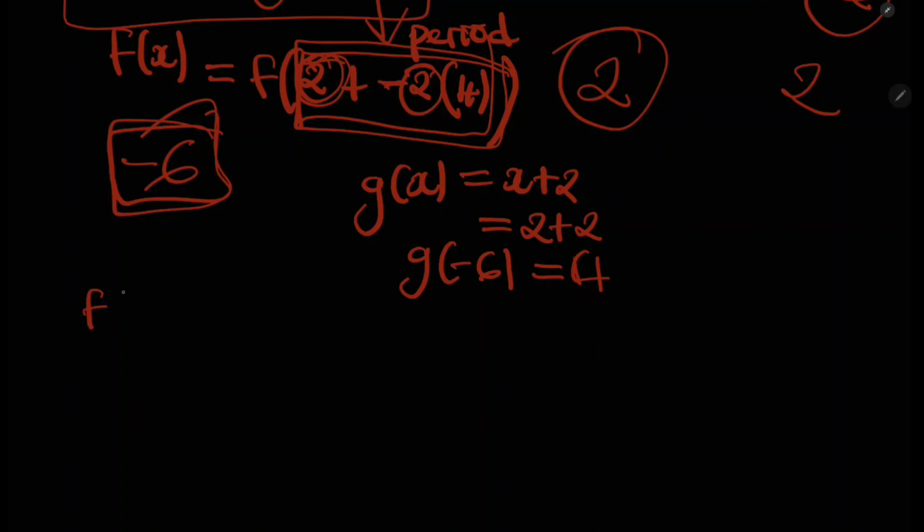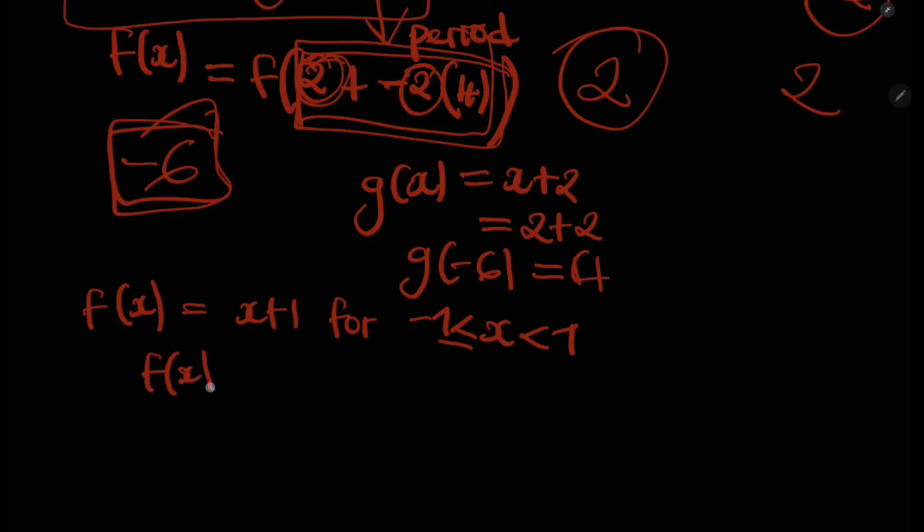Okay, let's have another quick example. Let's say f of x is x plus 1 for this range, minus 1 less than or equal to x less than 1, and f of x equal to f of x plus 3 for any other x.